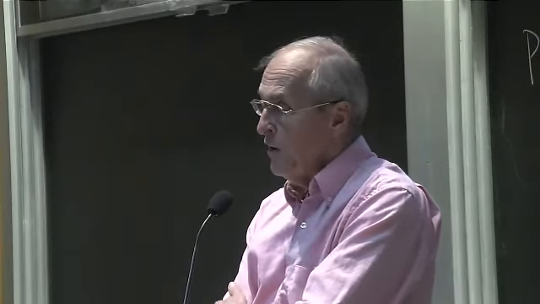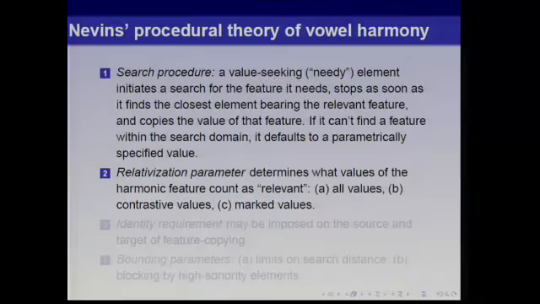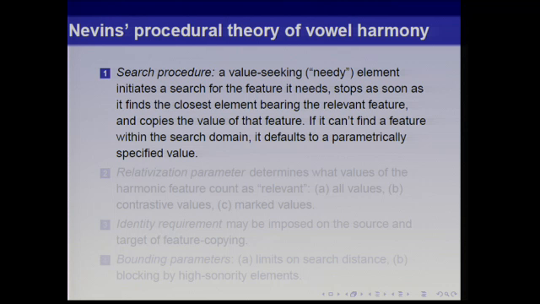So here's the way it would work out for vowel harmony in Andrew's proposal. There's a search procedure. The whole thing is analogous to agreement. A needy element initiates a search for a feature, stops as soon as it finds the closest element that bears the relevant feature, and copies the values of that feature.